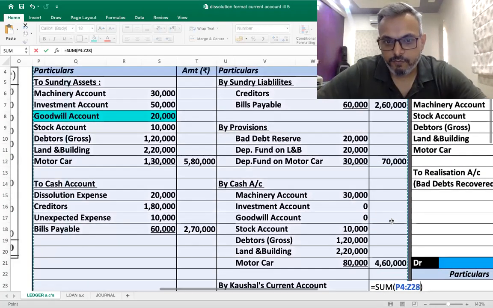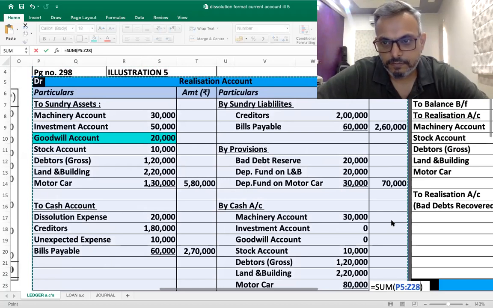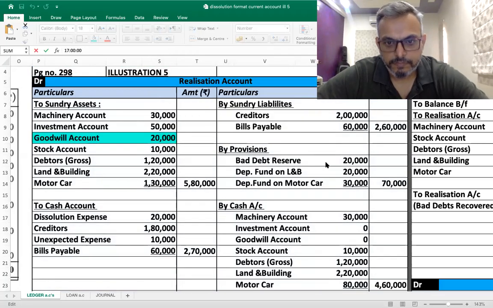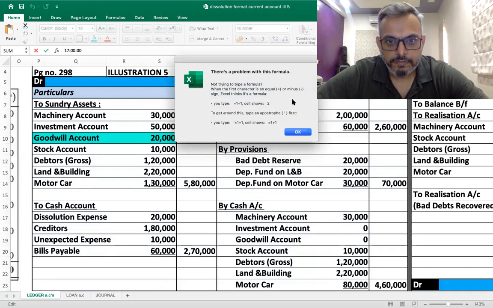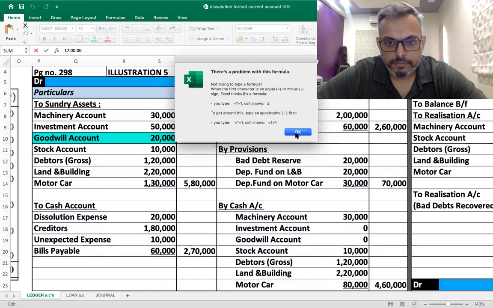Credit side seems more or debit side seems more? Just a minute.